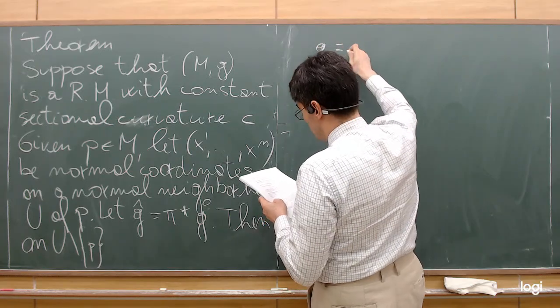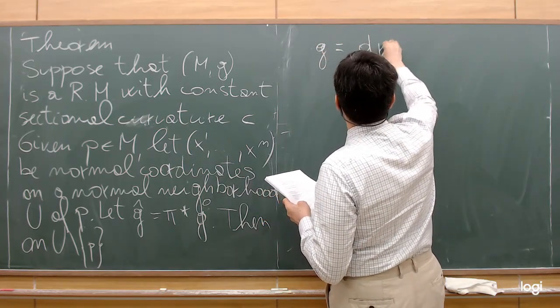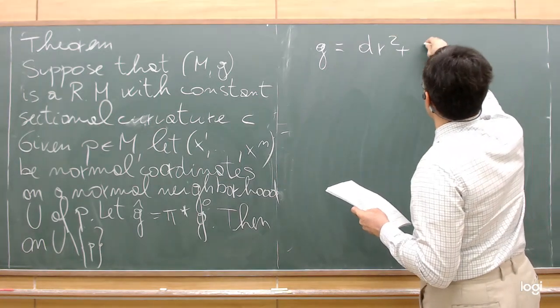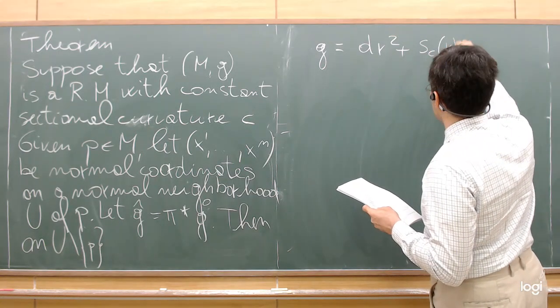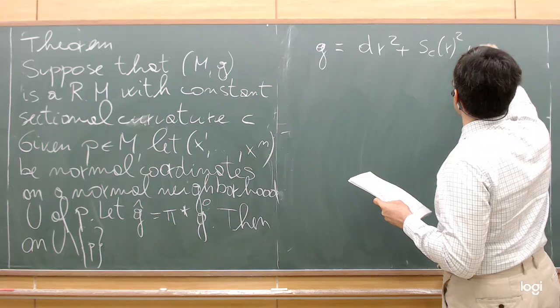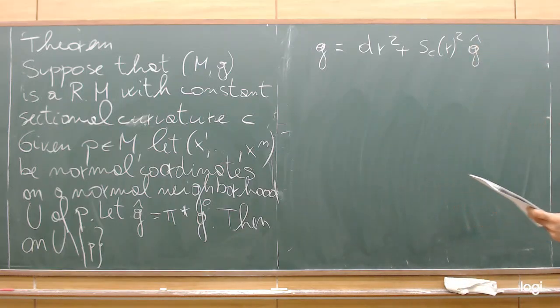G equal dr squared plus sn_C(r) squared G hat.